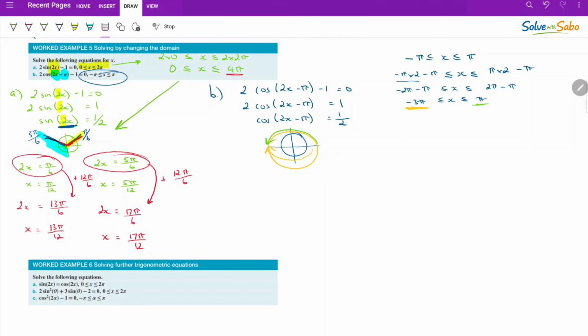So, using that logic, let's have a think about where is cos equal to a half. Well, bringing back some fundamentals of our unit circle again, cos is equal to a half when we are looking at pi on 3. Now, I'm going to do this in green because I'm thinking about positive angles. So pi on 3, 2 pi on 3. Then I need to be thinking the other way around.